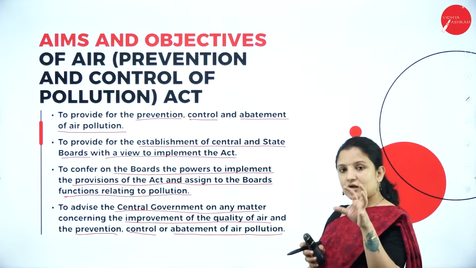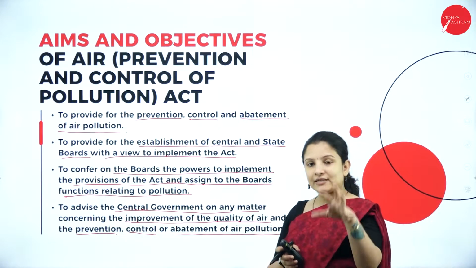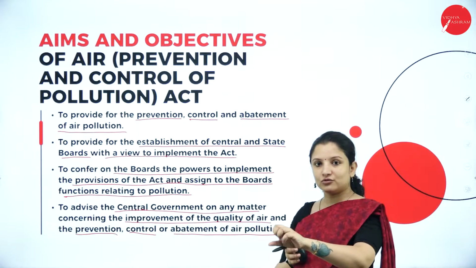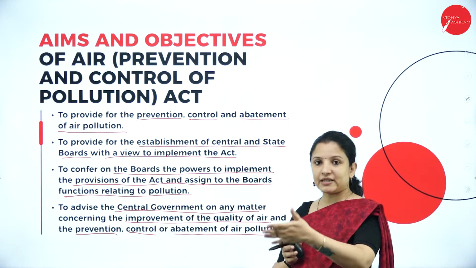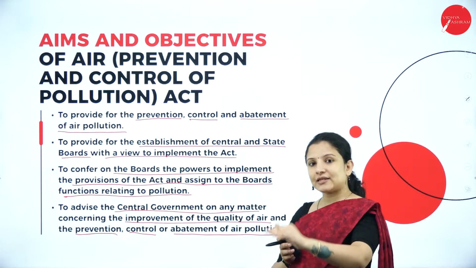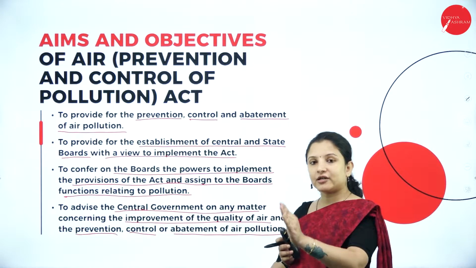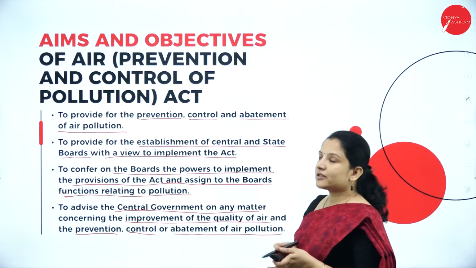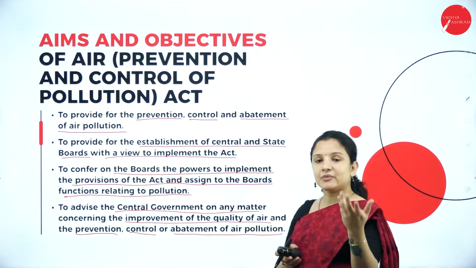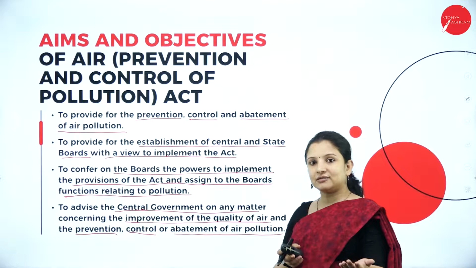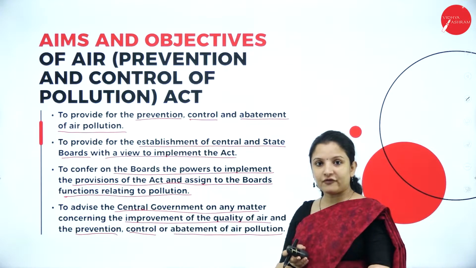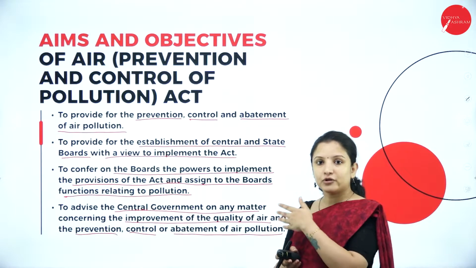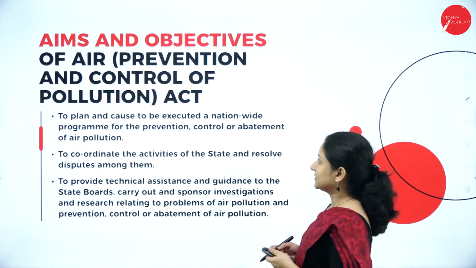The central government will make sure that the state government is implementing these rules and regulations, and the state government will implement those rules and regulations on the people, which the people have to follow. A simple example is the emission test: if we don't get the emission test done, we need to pay a certain amount of fine, right? All these are set by these pollution control committees.